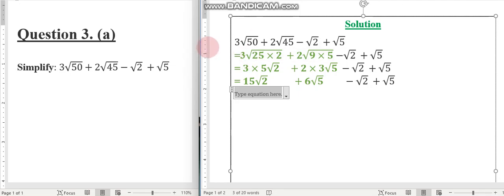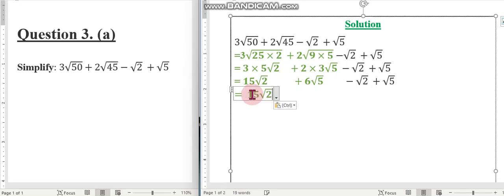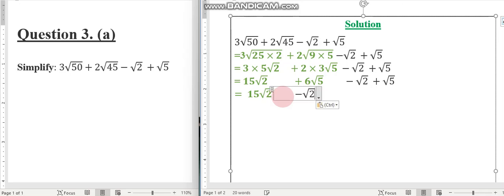Then our next step, we are going to rearrange it so that those with root 2 will start. So we have 15 root 2, as you can see here. This 15 root 2 will be here. Then which other one is having a root 2? That is minus root 2.